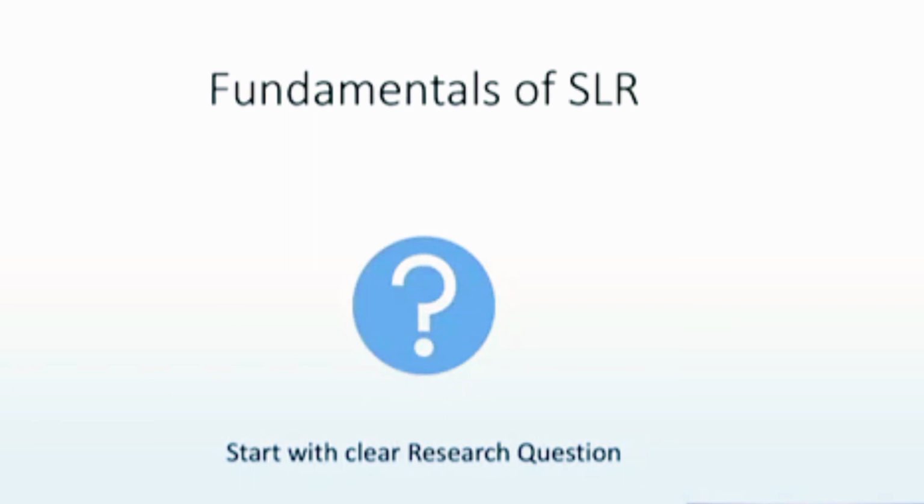Don't include many variables in one go, like moderators, mediators, or many concepts. You cannot add many of these concepts in one literature review process. So if you want to include more variables, you need to conduct more literature reviews. One literature review is not suitable for all. So focus on limited things.